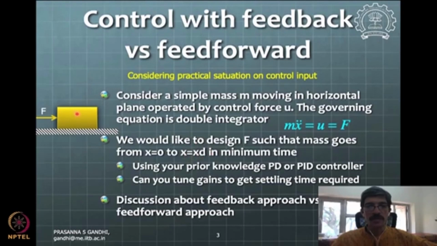Once you have this x desired available as a function of time, we can differentiate it and get x double dot desired. Now when you put that x double dot desired into this equation, multiplying m with x double dot desired, we get the desired force.